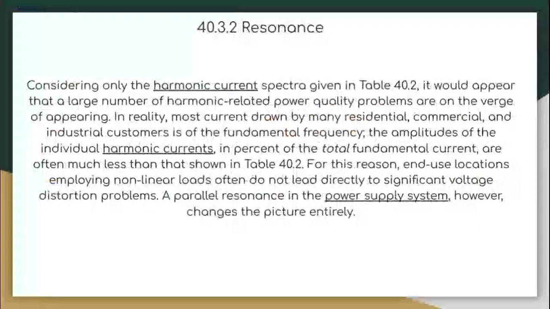The amplitudes of the individual harmonic currents in percent of the total fundamental current are often much less than those shown in table 40.2. For this reason, end-use locations employing nonlinear loads often do not lead directly to significant voltage distortion problems. A parallel resonance in the power supply system, however, changes the picture entirely.